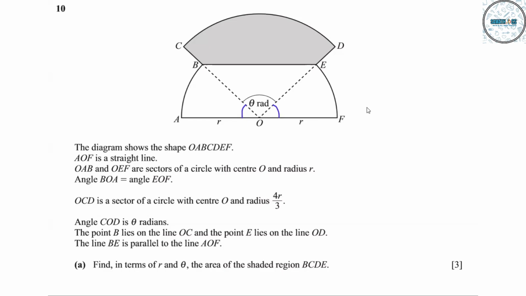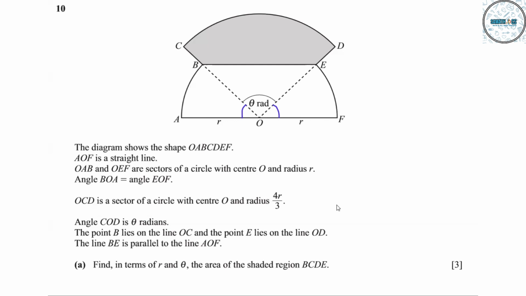OCD is a sector of a circle with center O and radius 4r upon 3. Angle COD is theta radians. The point B lies on the line OC and the point E lies on the line OD. The line BE is parallel to the line AOF.